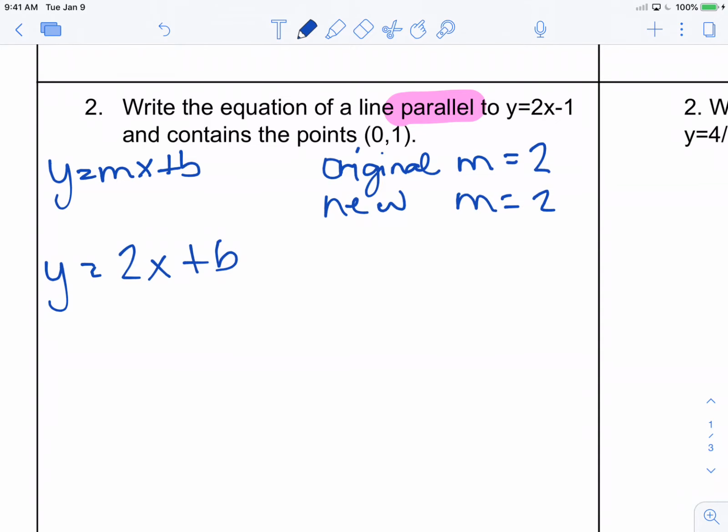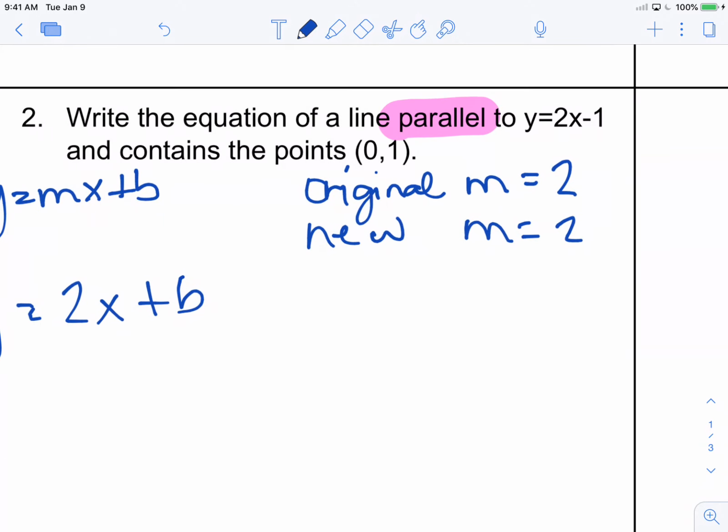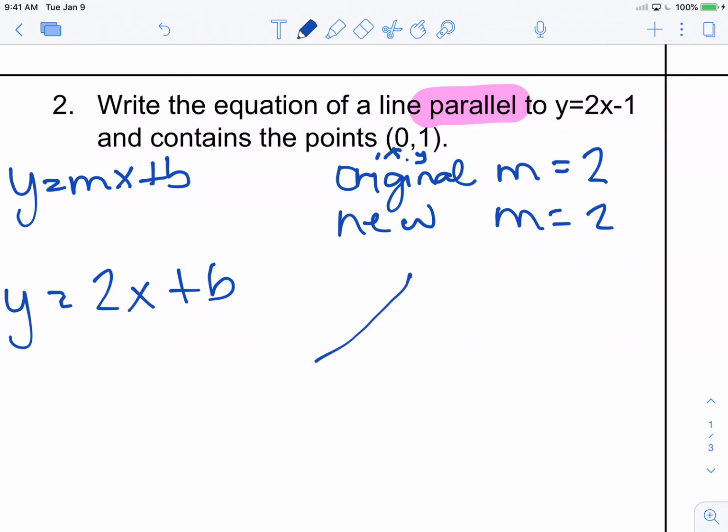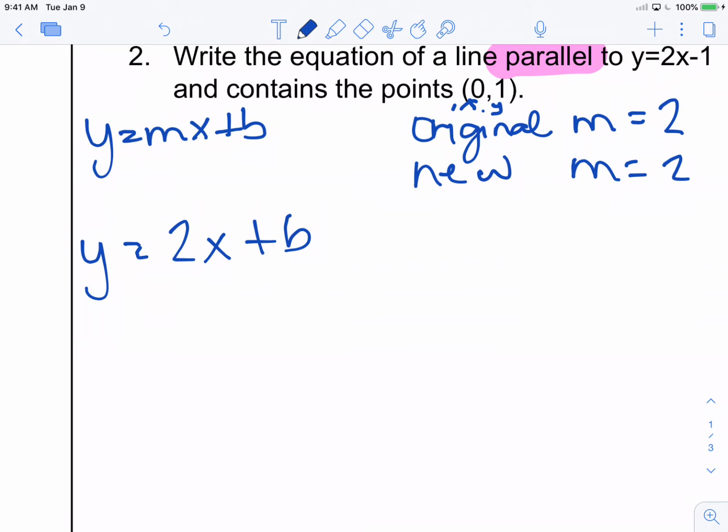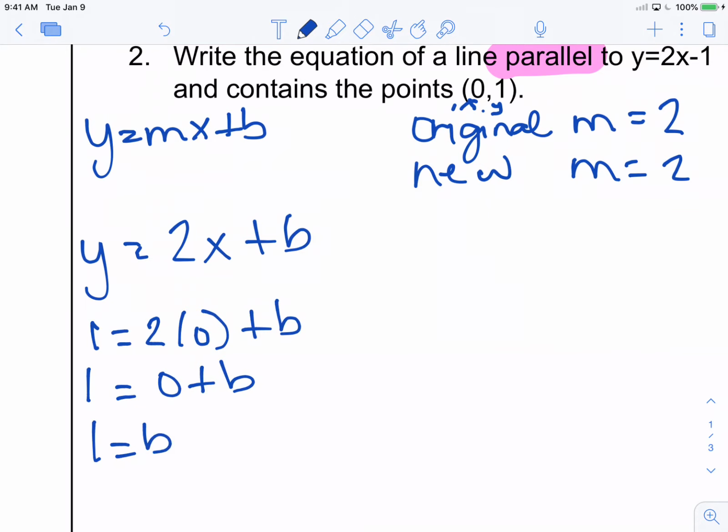What you can do is take the x and the y from this point and plug them into this equation to find b. So I know that -1 is going to have to equal 2 times 0 plus b. That's -1 equals 0 plus b, so -1 has to be b.